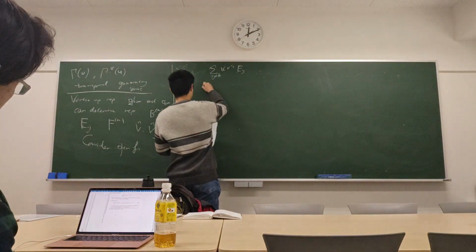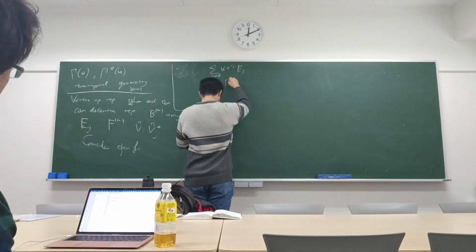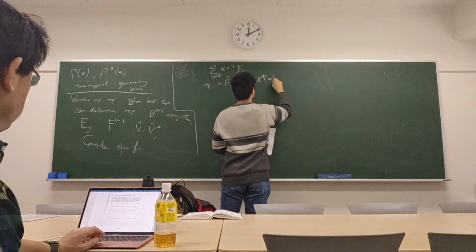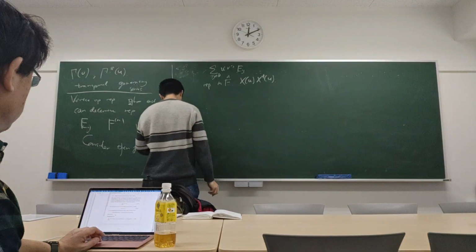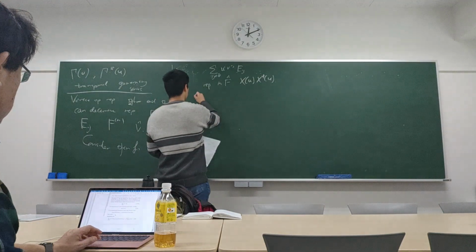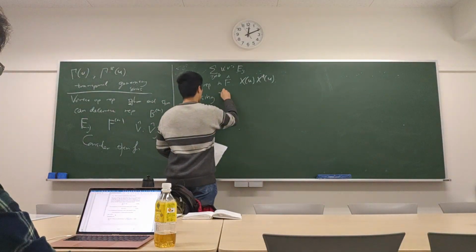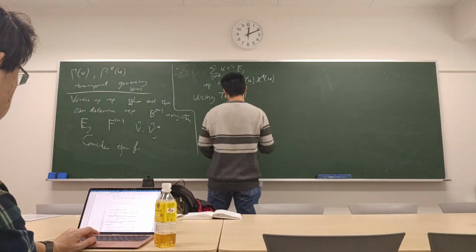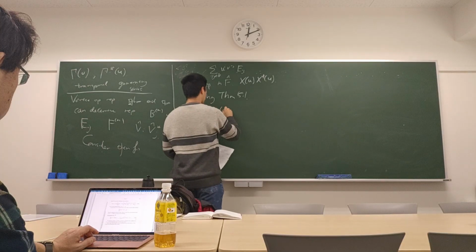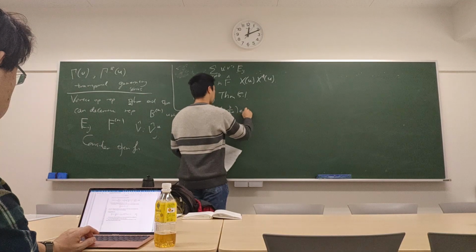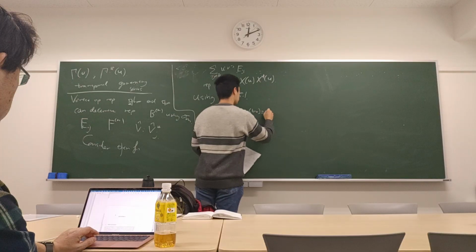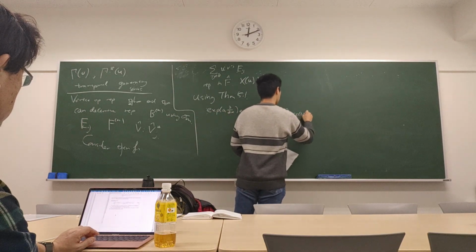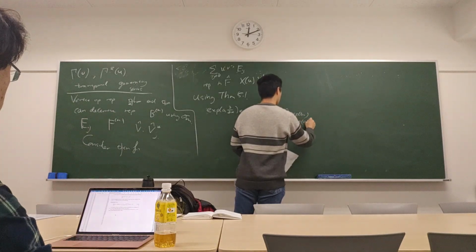Now, of course, the representation in F hat is just x cubed x star. So, using theorem 5.1, which is what we just had, as well as this identity of exp a del over del x, exp dx. This is exp ab exp dx, exp a del over del x.